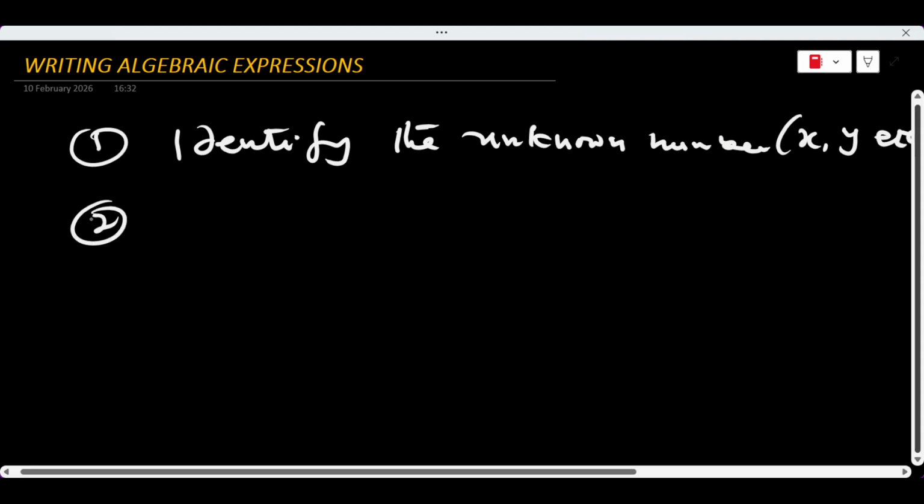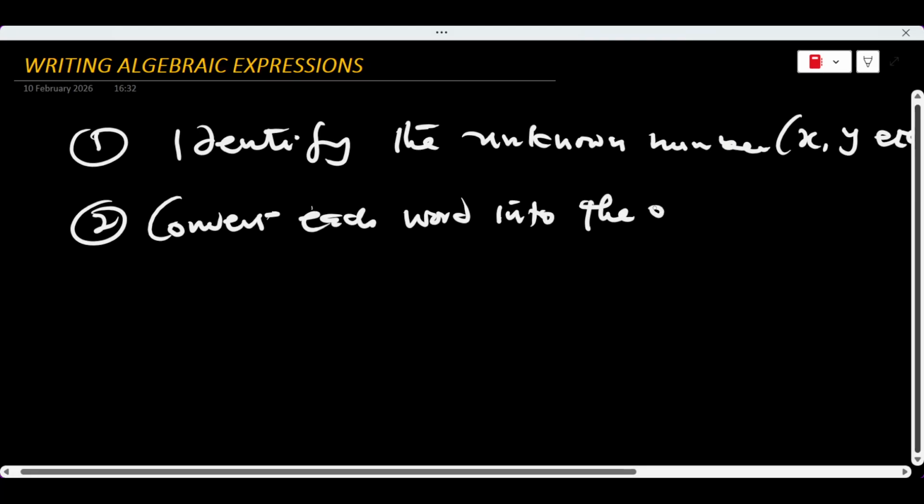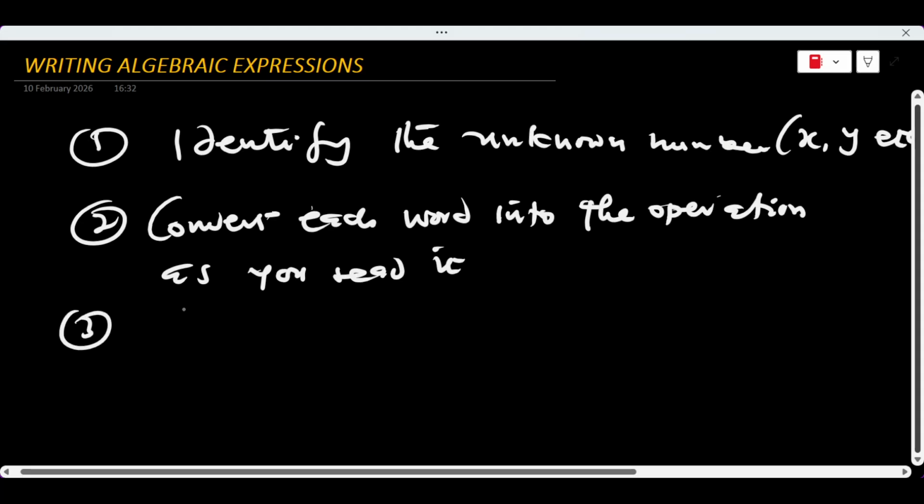And then the second point is to convert each word into the operation as you read it. And the final step is to combine them in order.